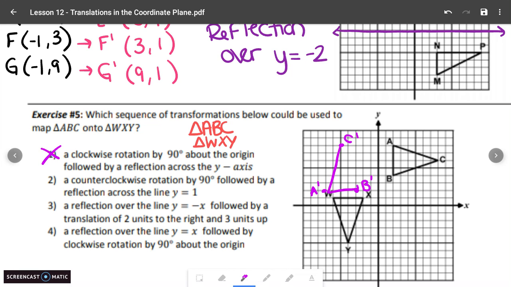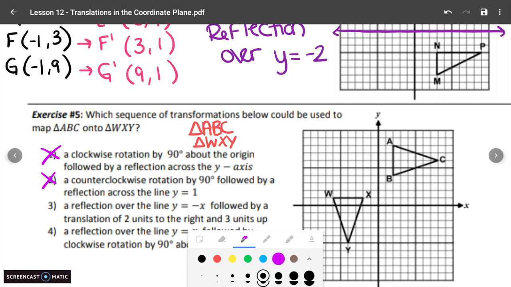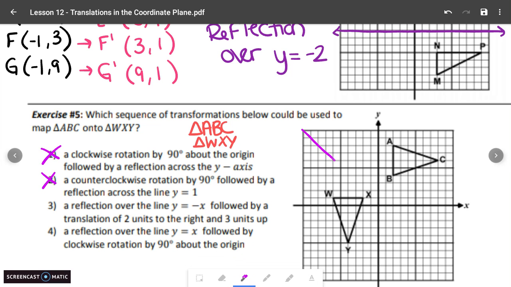That's still not going to work because we're still not mapped up enough to be a reflection. So another one gone. So now let's see the reflection of the line y equals -x. So remember that line comes in here. And then a translation of 2 units to the right and 3 units up. So if I reflected, these points are going to switch and negate. So if I have the point 2, 8, it's going to -8, -2.